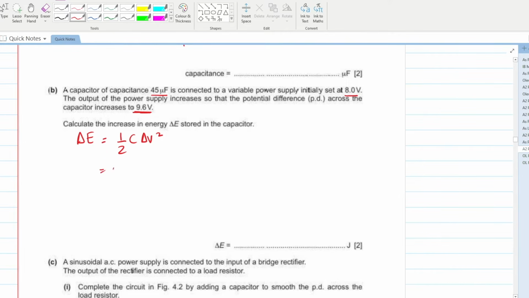What is C? 45 microfarads, 45 into 10 raised to the power of minus 6. The change in voltage is 9.6 squared minus 8 squared. Let's calculate the answer: 9.6 squared minus 8 squared, multiplied by 45 into 10 raised to the power of minus 6, divided by 2. This comes out to be 6.3 into 10 raised to the power of minus 4 joules.